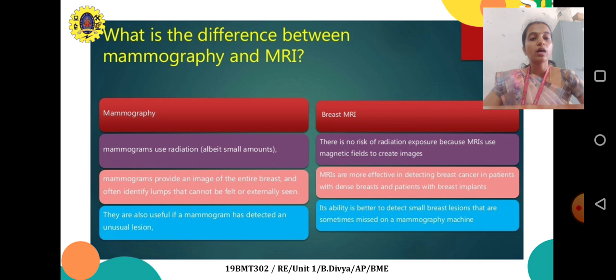And finally, what is the difference between mammogram and MRI?